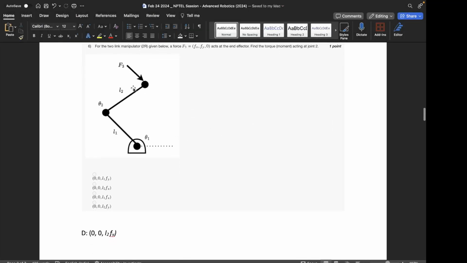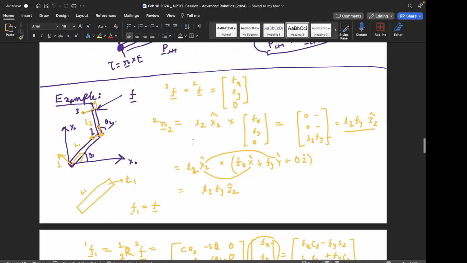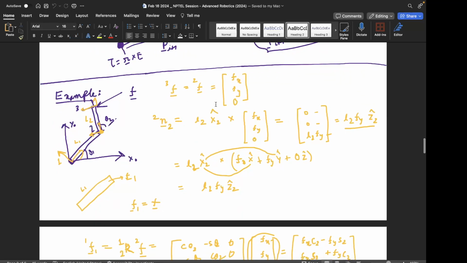All right. So this example is what we discussed in the last class, and I will just go through it once again. The force on the end effector F3 is Fx, Fy, and 0.